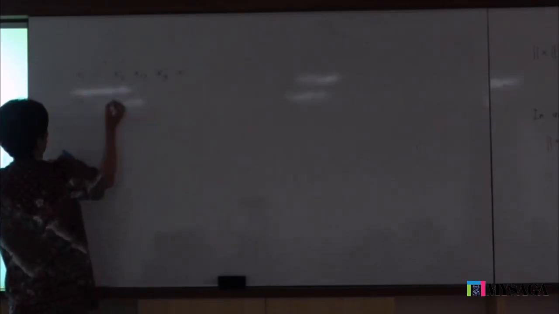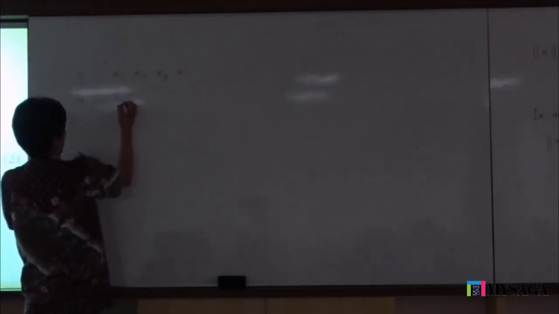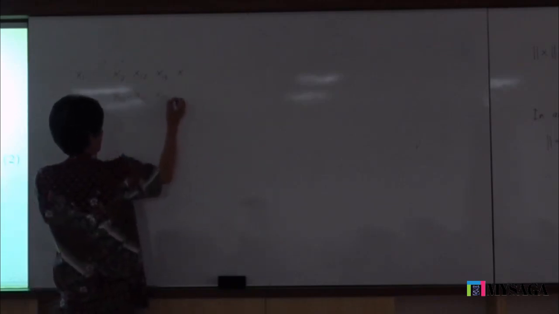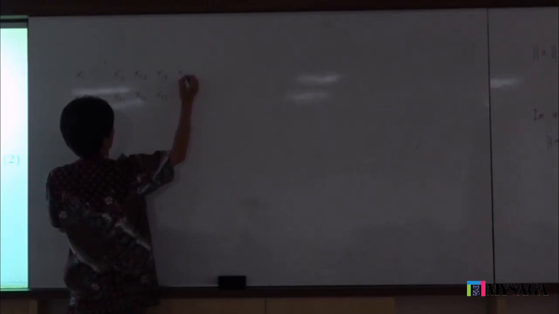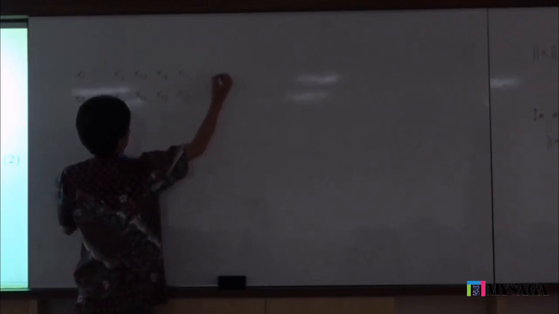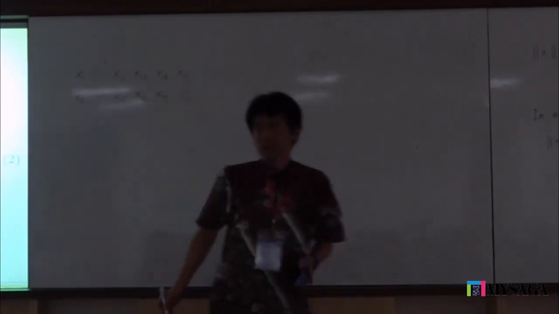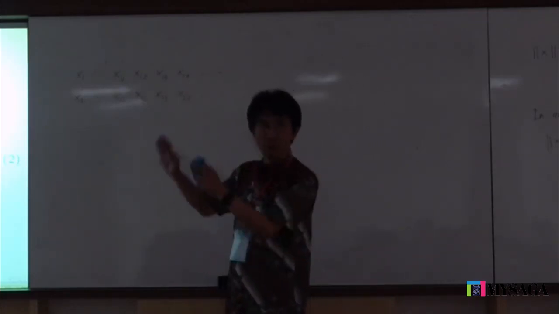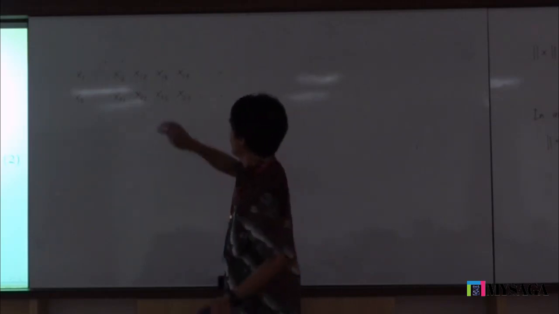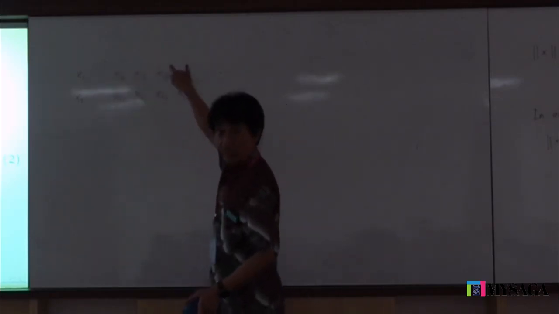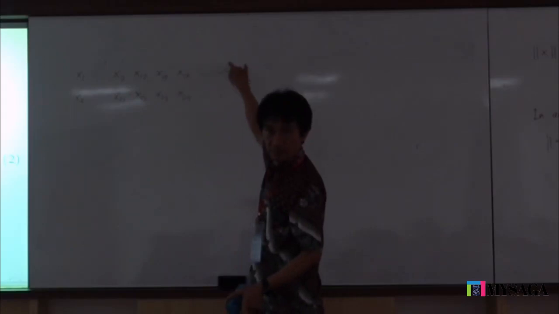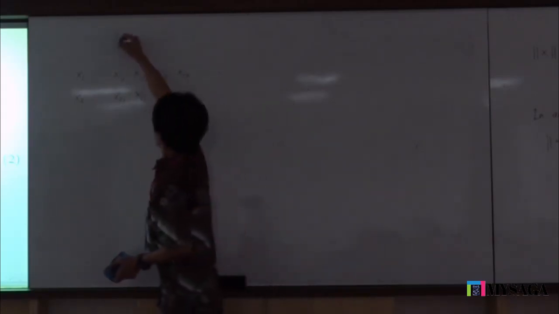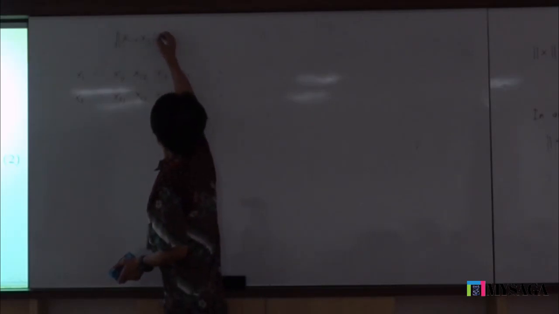Imagine this is x1 and x2. I have x21, x22, x23, and so on. Now, when we compute the norm of a sequence in L^p, we just take the absolute value of each term, and then we sum them. Okay? Now, we want this.